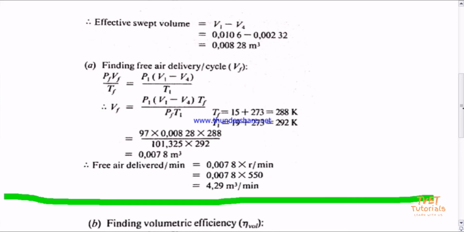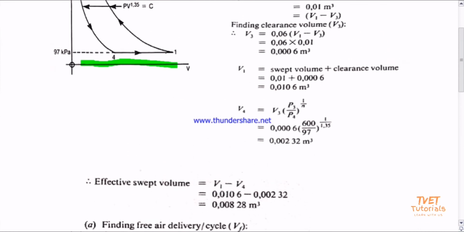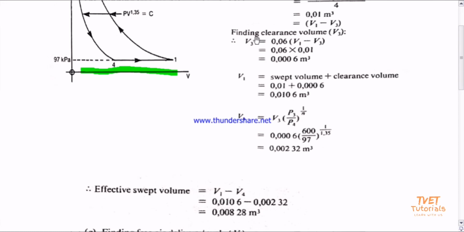So it will be PF times VF over TF, which is again P1 times V1 over T1. Now I'm going to call it V1 because of how we got it, the effective swept volume from the previous calculation. This is the reason why we had to calculate this.